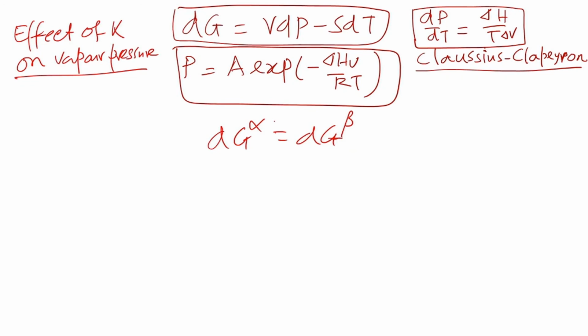And what you can do? We can write this down very easily. We are ignoring the S dT term here. Why? Because temperature is constant, so dT is 0. Here pressure is changing, vapor pressure is changing.